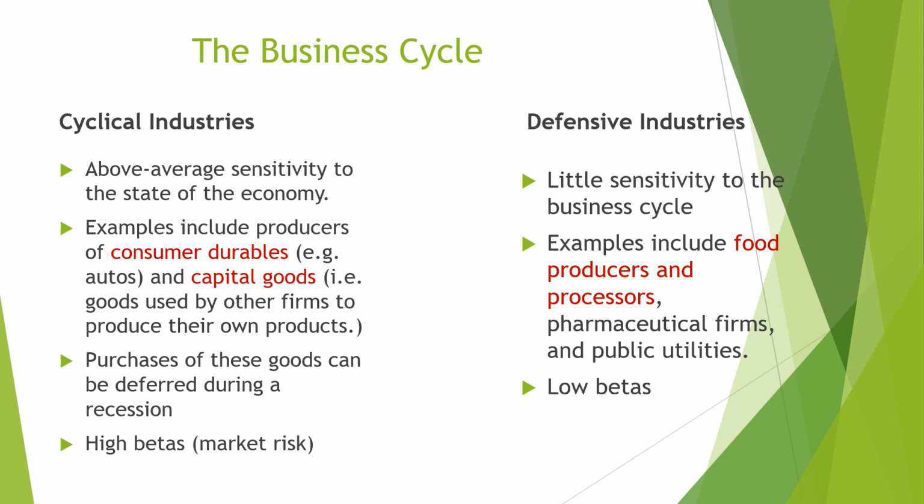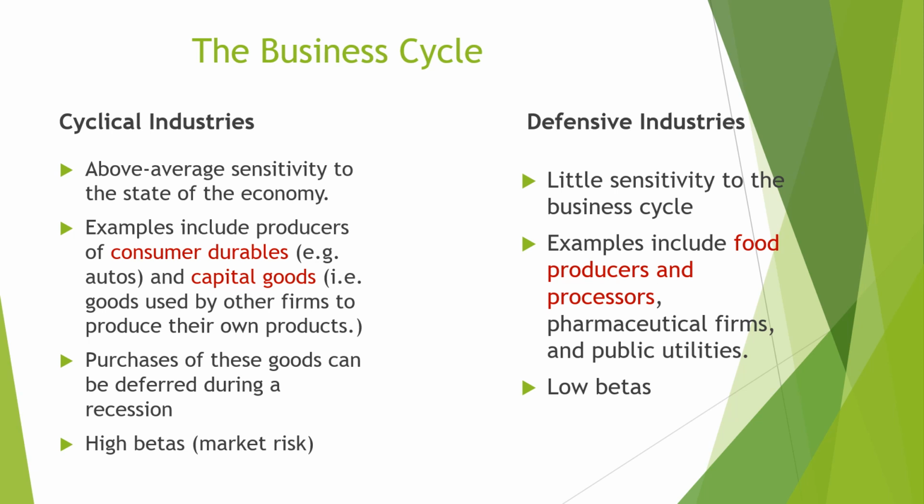Economy up, booming, a lot of people are buying gold, a lot of people are buying branded handbags. So this is all related to how sensitive the industry is towards the business cycles.